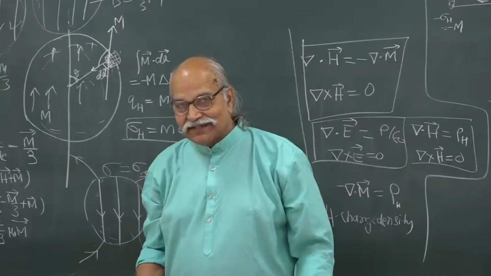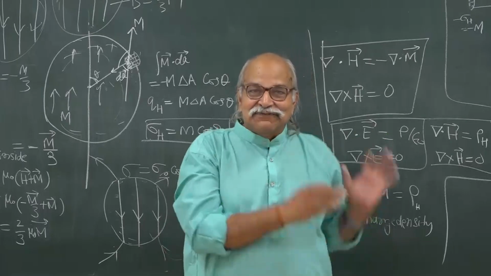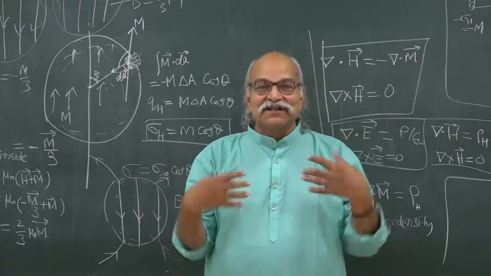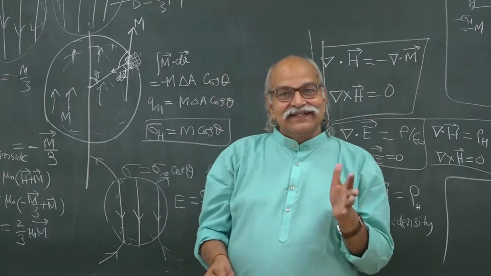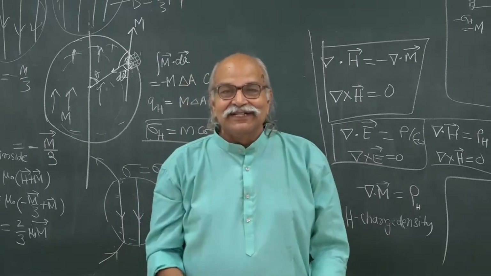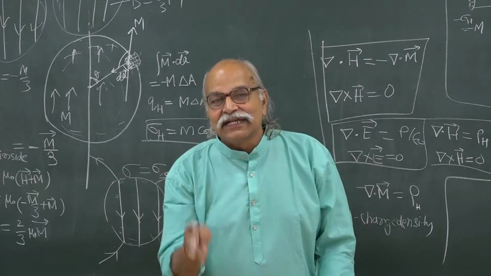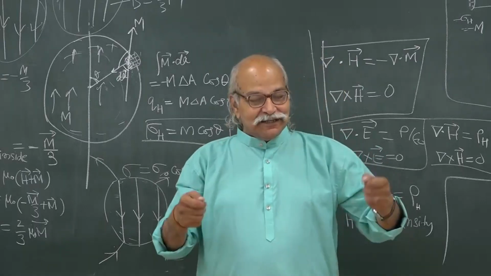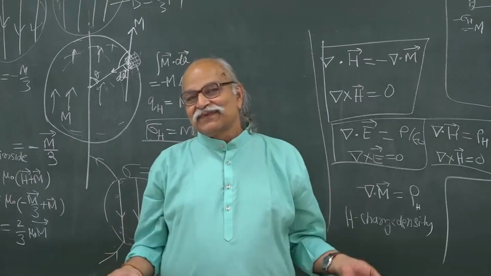There are two remarks. One is that it looks justified to say that a bar magnet at the ends is different: one side is positive H charge and the other side is negative H charge, and we can give the name pole to this charge. So you have negative and positive poles, or north and south poles, and similar charges will repel and opposite charges will attract.